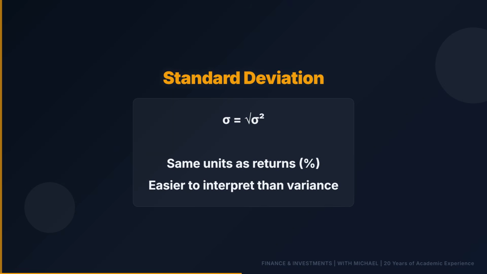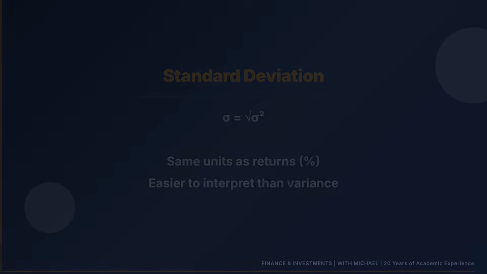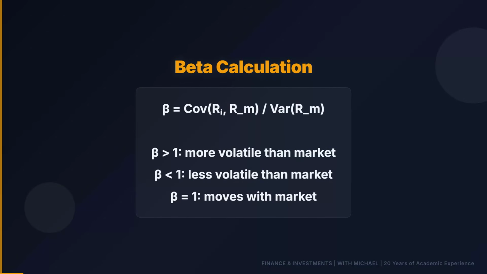Now let us calculate variance and standard deviation. For security A, we take each return, subtract the mean of 5.5, square the difference, and average the results. The deviations are 4.5, 0.5, -7.5, and 2.5. Squaring these gives 20.25, 0.25, 56.25, and 6.25.